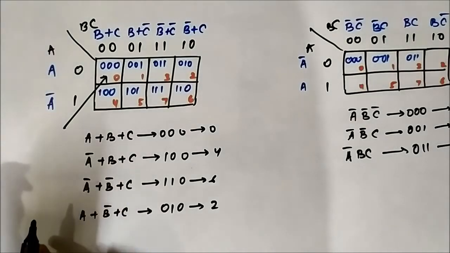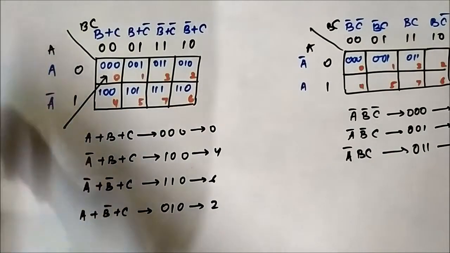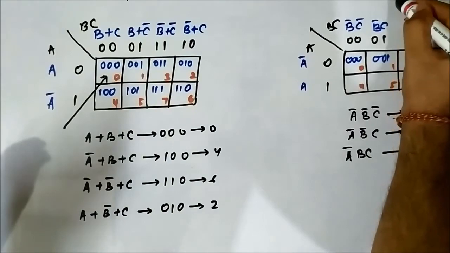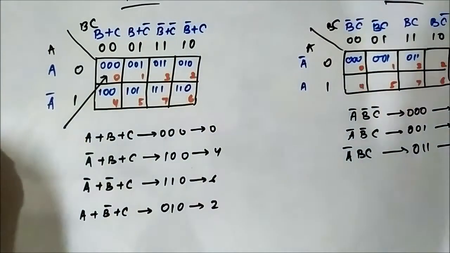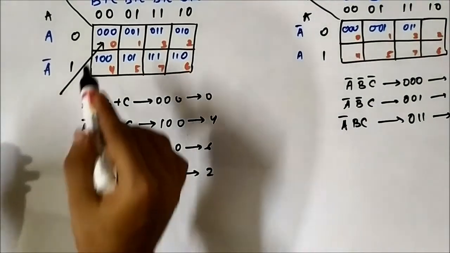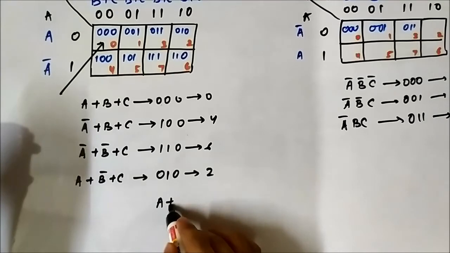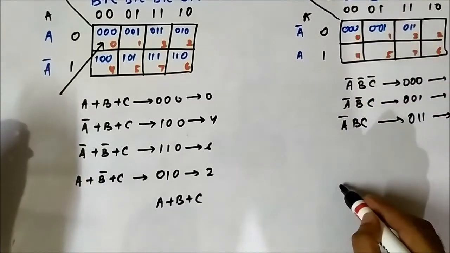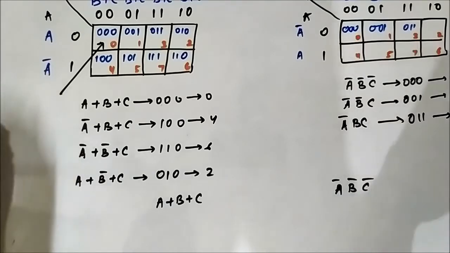So again, let us compare each cell of POS with each cell of SOP, starting with the first cell. The first cell is A or B or C, and here the first cell is A bar, B bar, C bar.